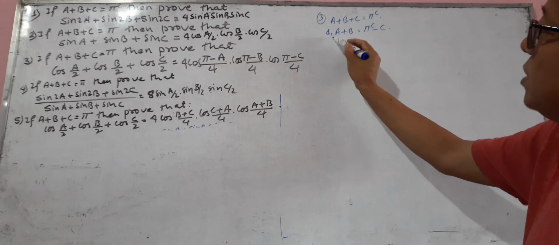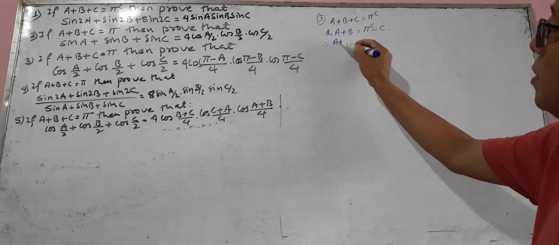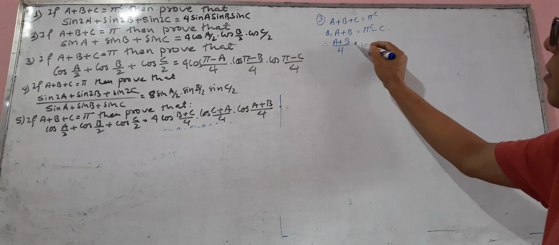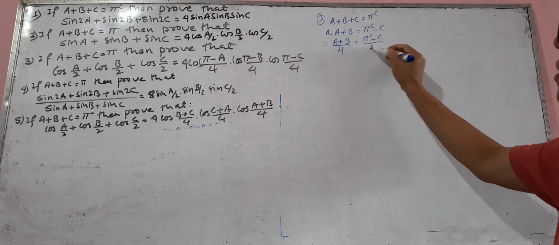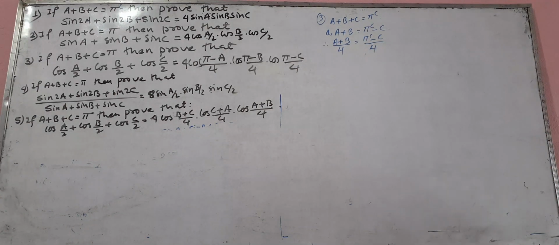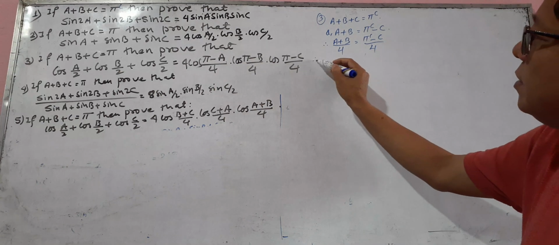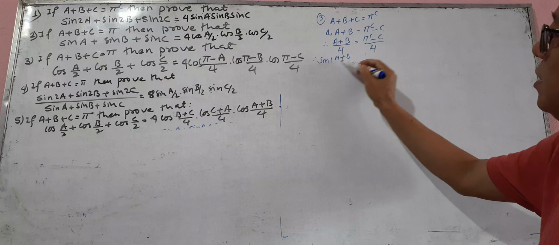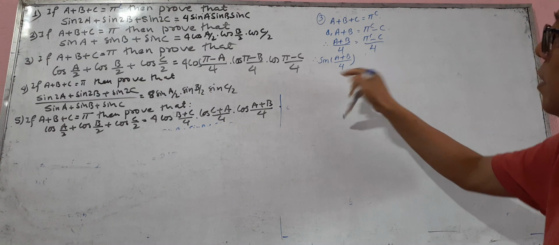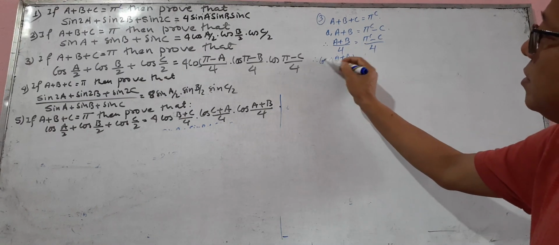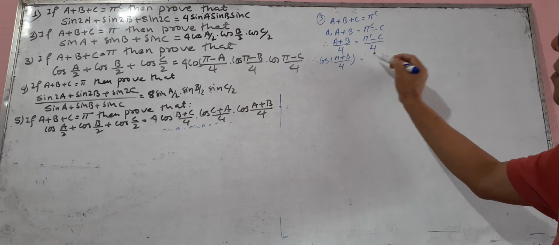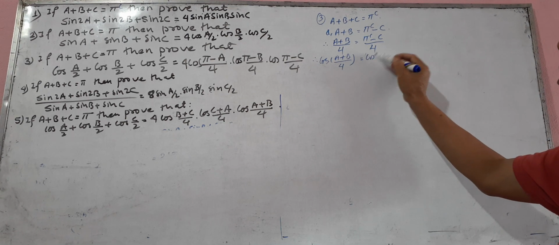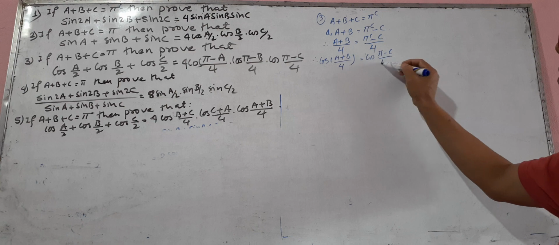So we divide both sides by 4: a plus b by 4 equals pi radian minus c by 4. So then we take cos of a plus b by 4 equal to cos of pi minus c by 4.